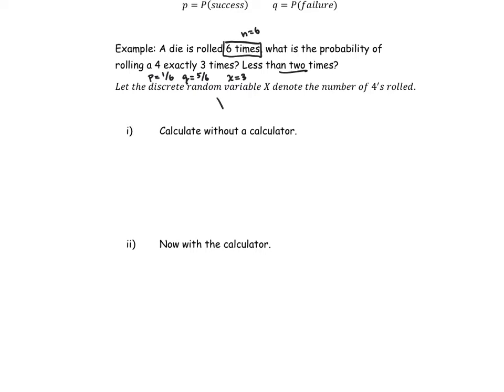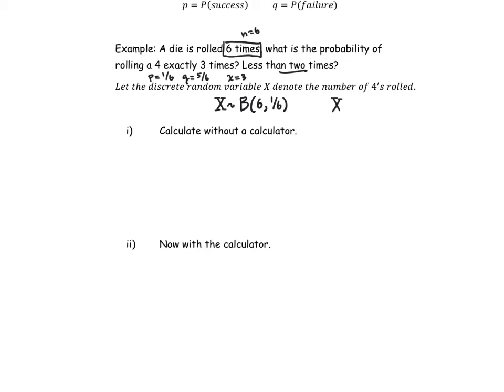So we're saying that the discrete random variable x is binomial with 6 trials, and the probability of success is 1/6. Okay, this is how you write out, in shorthand math notation, that a discrete random variable is binomial.